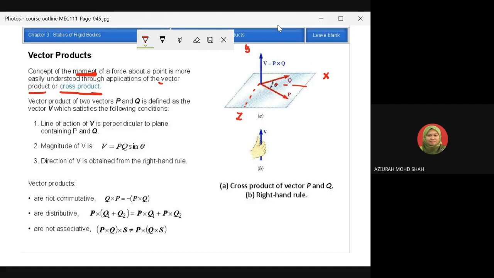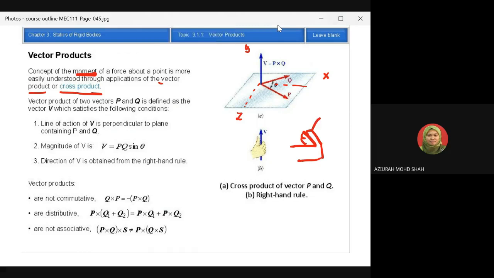So we can know actually, okay, you see your right hand. Cuba you tengok figure ni. Okay, bayangkanlah ya. Saya tak pandai nak lukis.